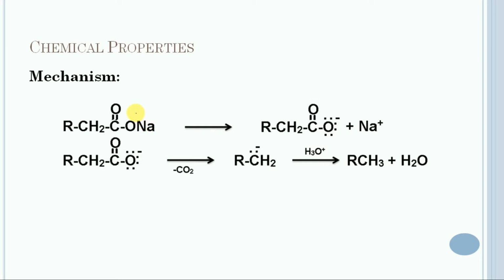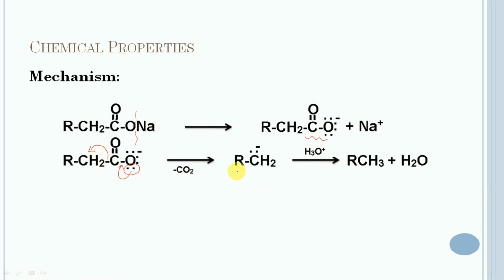In first step, this bond can dissociate and it can ionized to form the carboxylate ions. Then in second step, the carboxylate ions, it can lose carbon dioxide. This lone pair, it will take part in the pi bond formation between carbon and oxygen, and this bond can break out.